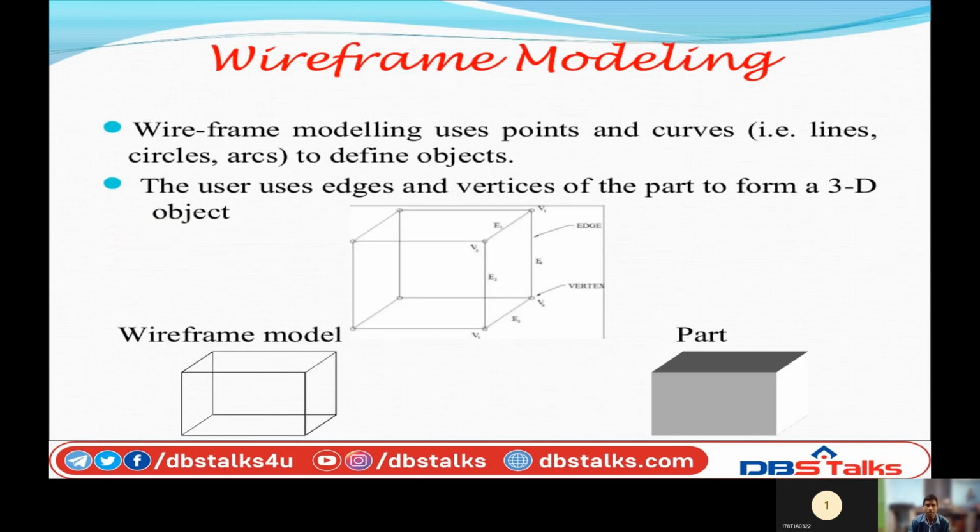Next, coming to wireframe modeling. Here I am showing a block as an example of wireframe modeling. In wireframe modeling, the entire structure looks like lines joining. Here the user uses edges, vertices, lines, circles, and arcs.